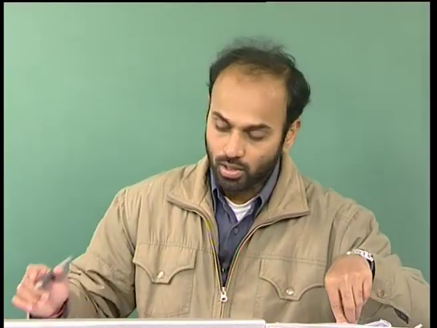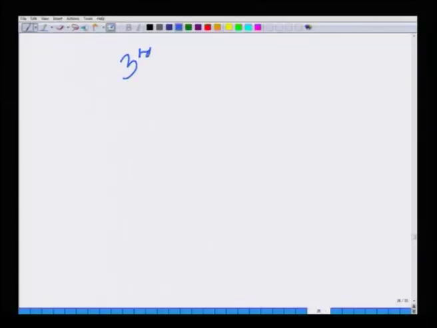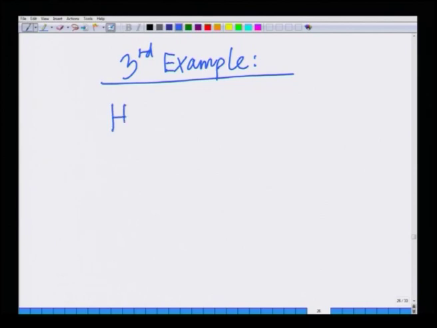So, let me illustrate a third example for SVD. For a singular value decomposition, H equals 1 comma 1, 2 comma minus 2. You can clearly see this is a slightly more general matrix.